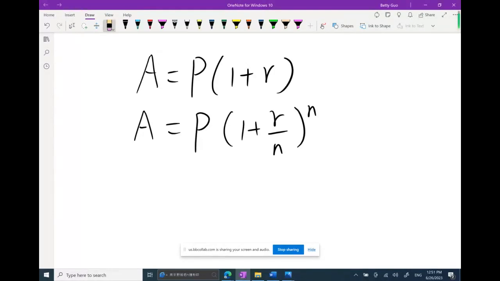And we are going to change the R in the simple interest to Y. And we are going to equate the two A's. After 1 year, they produce the same amount of money. So the two A's are supposed to be the same, right? So we are going to equate this part with this part.